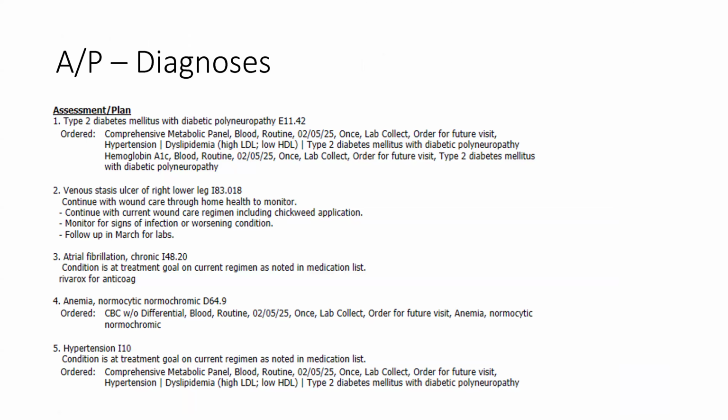So how would you classify type 2 diabetes as a diagnosis? Unstable, less specific, uncontrolled, not at goal. Venous stasis ulcer. Stable. It's not getting worse.